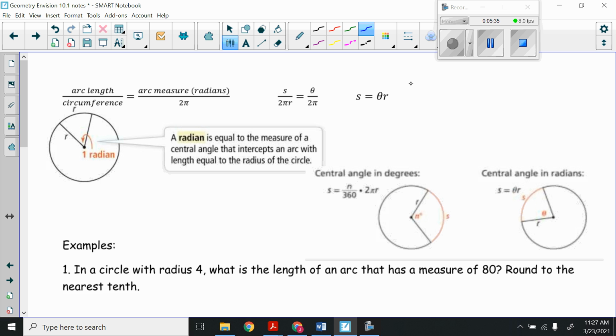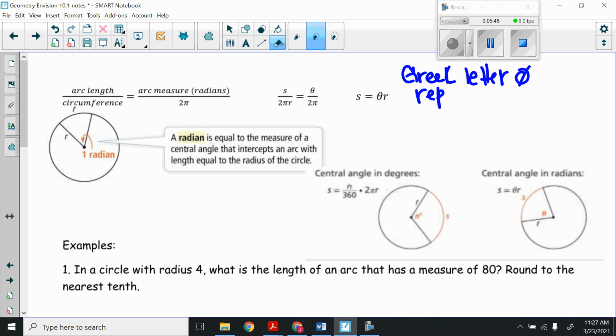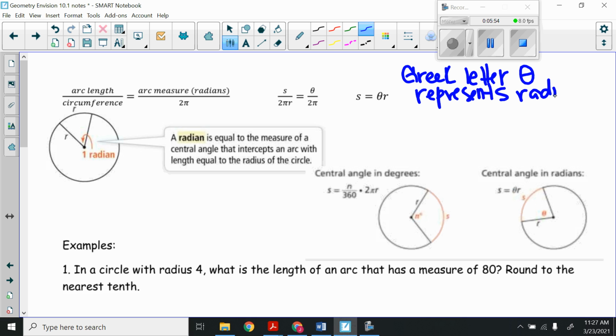So the Greek letter theta represents radians. Let me draw that letter a little bit better. So anytime you see that, you know that we are talking about radians. Again, N equals arc measure.